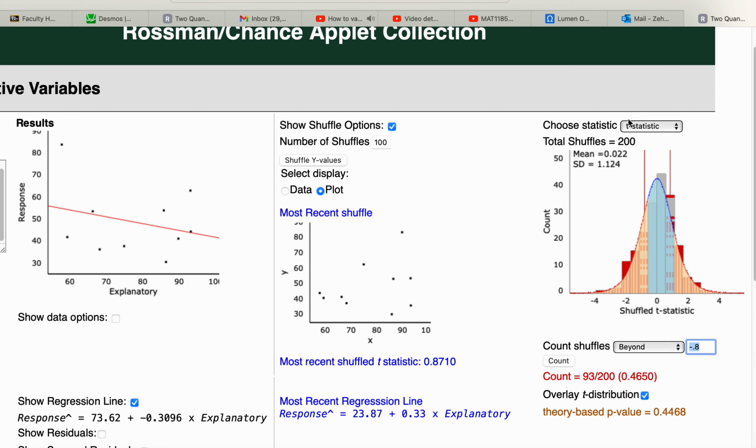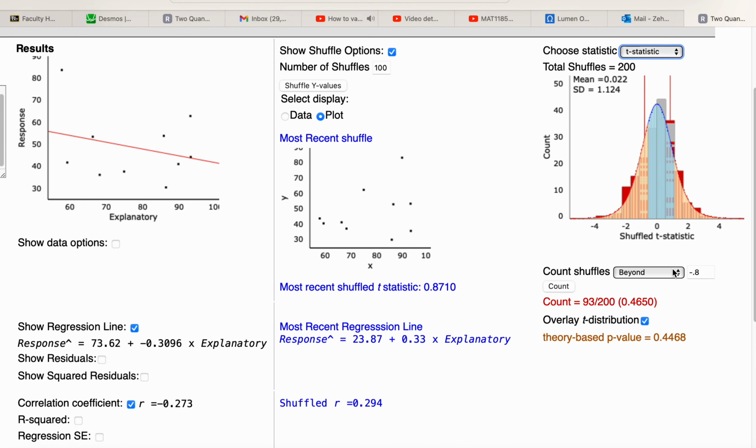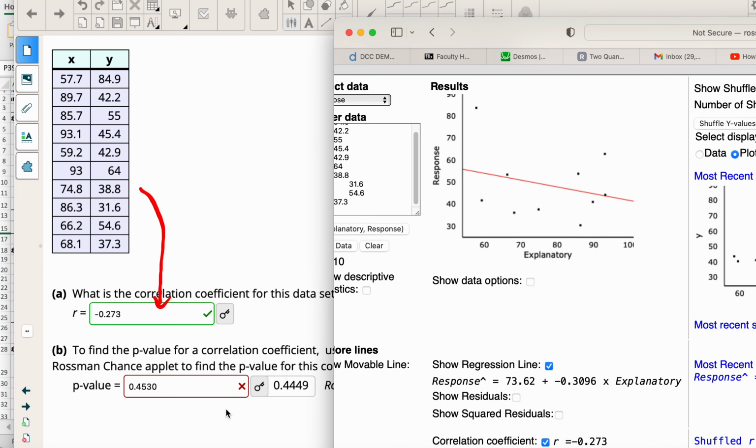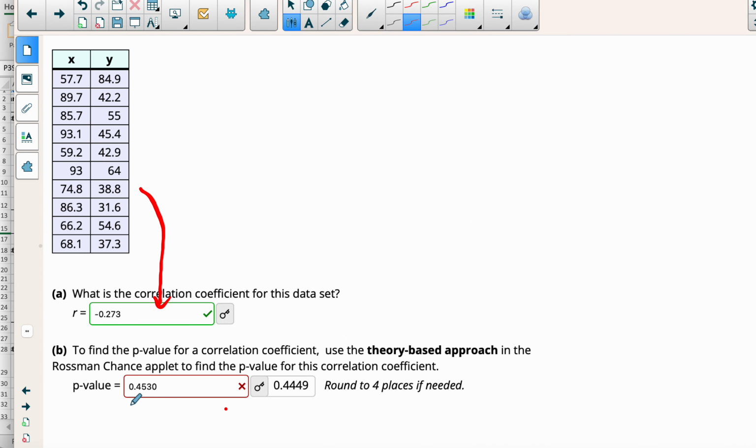That's the thing we're testing. That's our statistic, our t statistic in this case. And we want this to be beyond because we're doing a two-sided test, and it's going to come up with the theory-based p-value. I have a suspicion that you maybe did the simulation-based p-value, which would give you a slightly different answer.